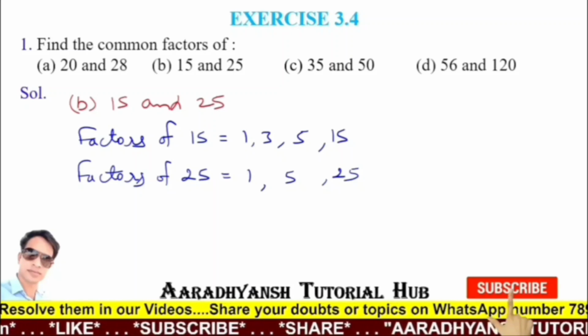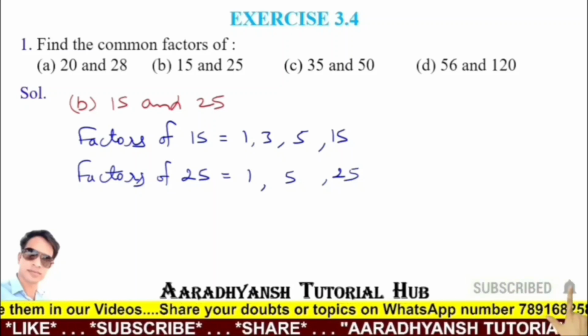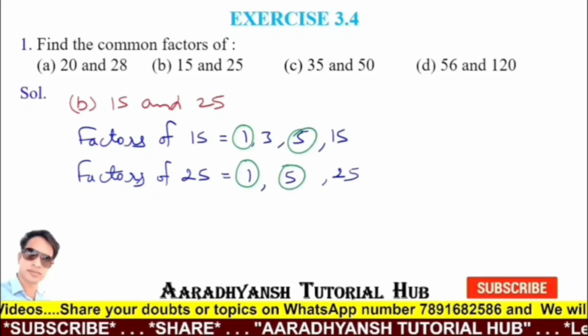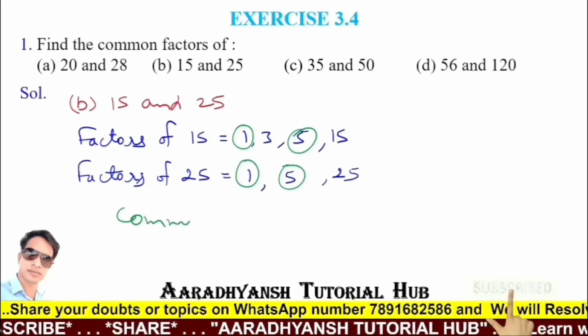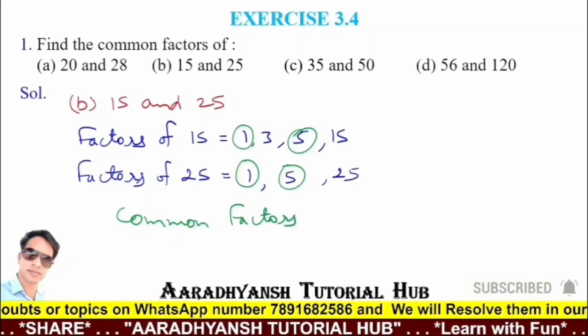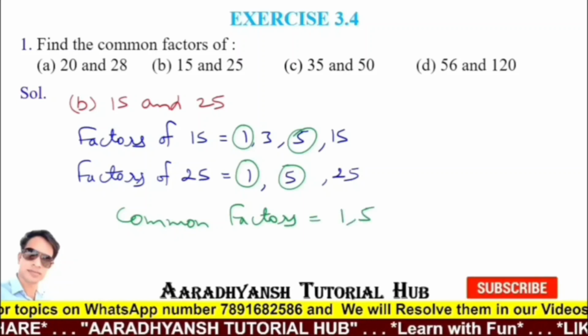Now you can easily find the common factors 1 and 5. So our answer will be common factors are 1 and 5.